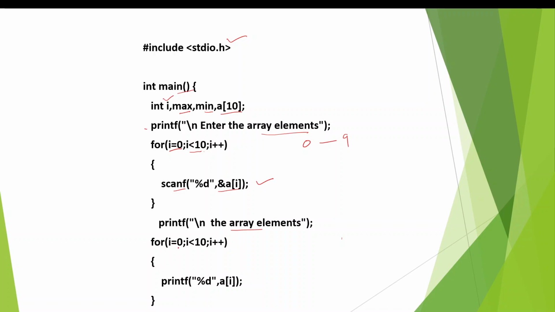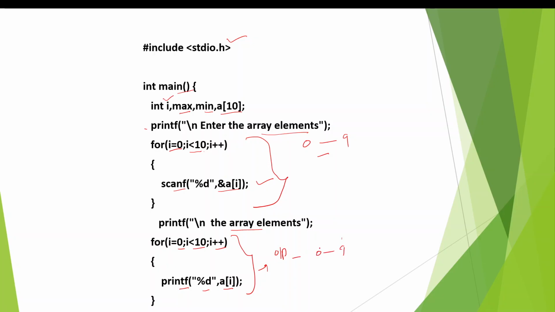So the same for loop to print the values, 0 to less than 10, incrementing one by one, then printf percent d and a of i, then close the curly bracket. By this loop we print the 0 to 9 values as output to the display, our array values.